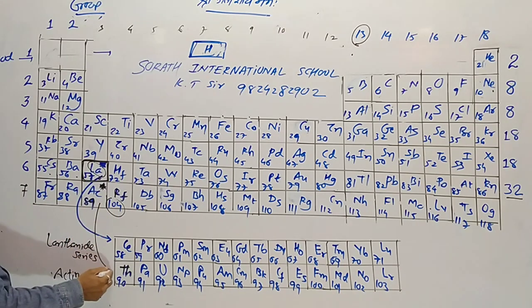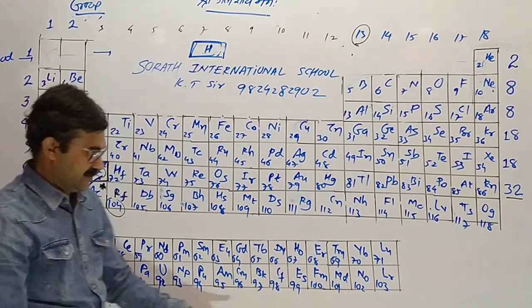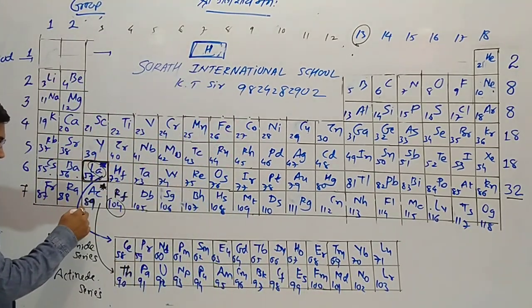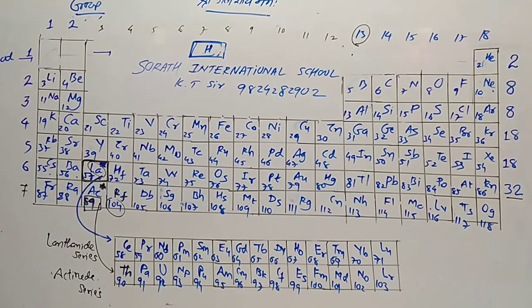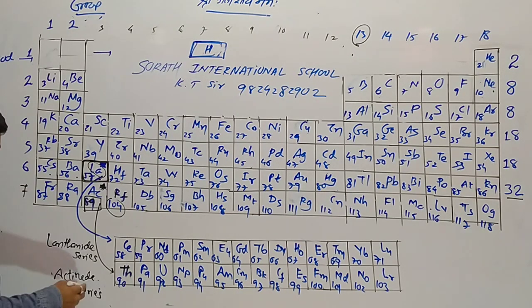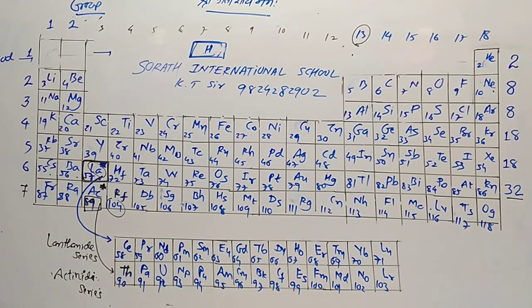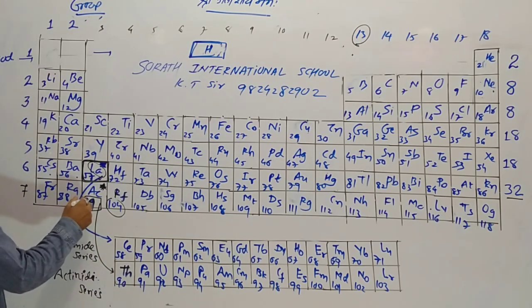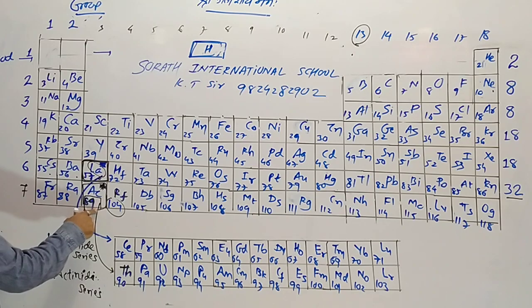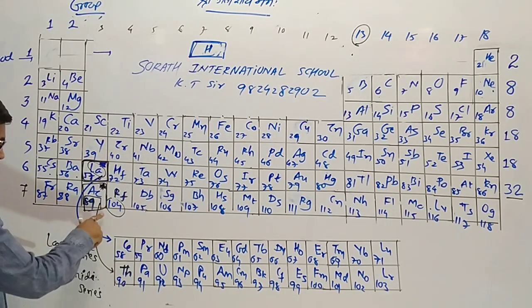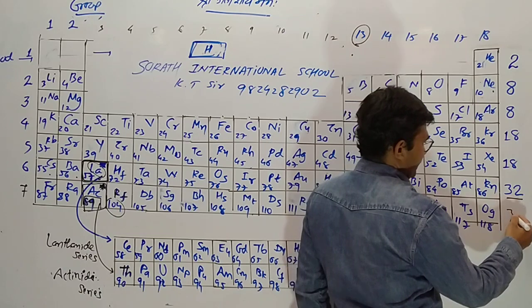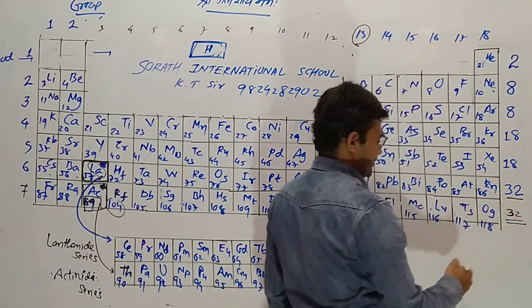Here also 14 elements are missing: thorium to lawrencium come here. They have the same properties as actinium, so it is called the actinide series, otherwise actinoids. These 14 come here with actinium, making 15 elements. So 18 plus 14, 32 elements in the last period also.